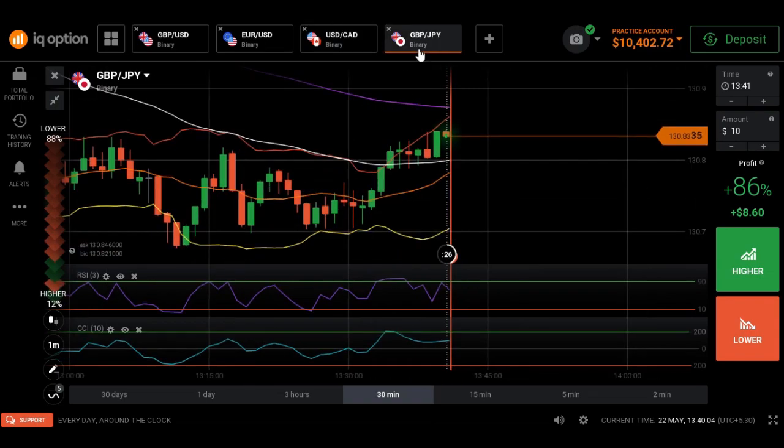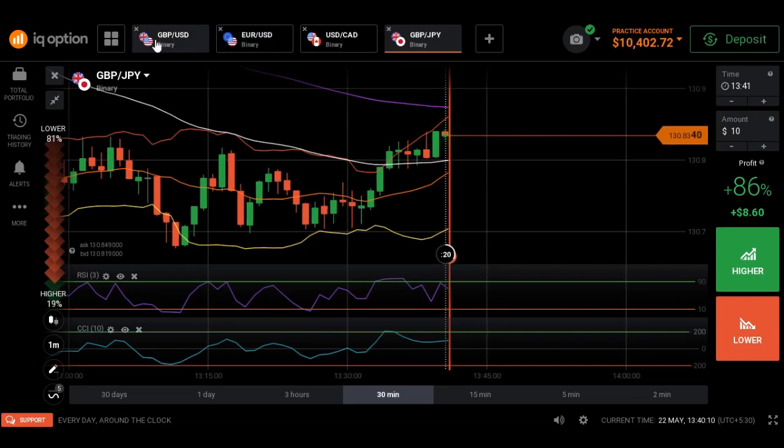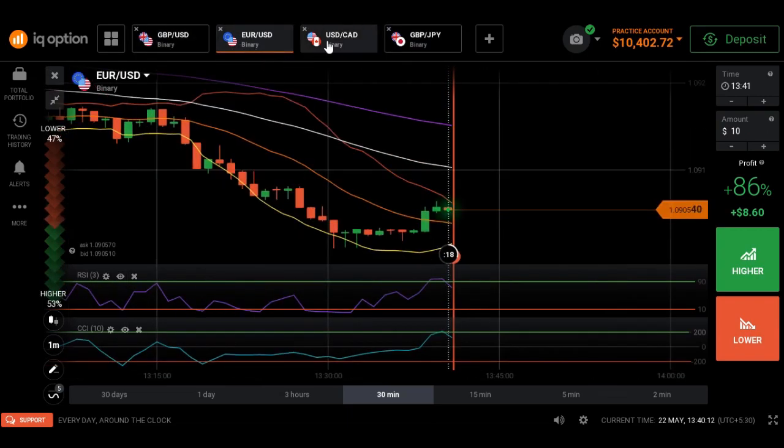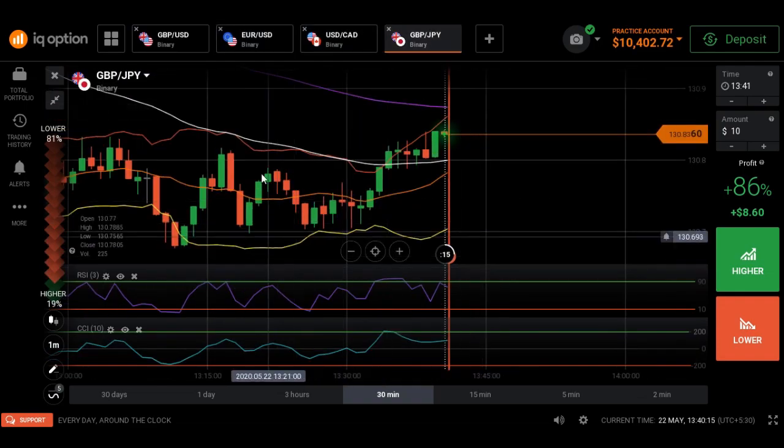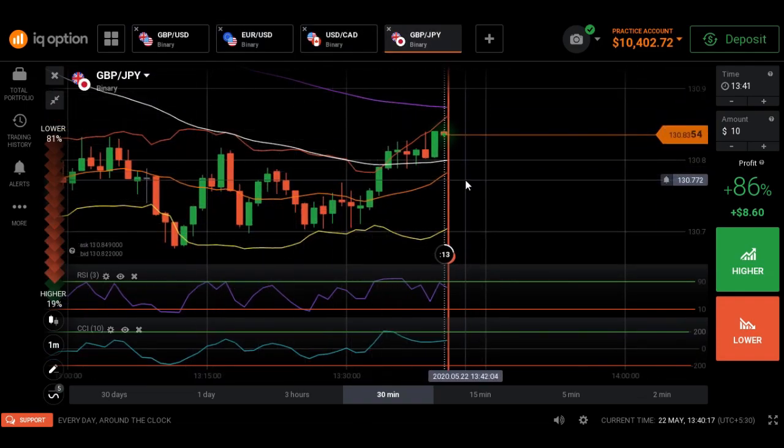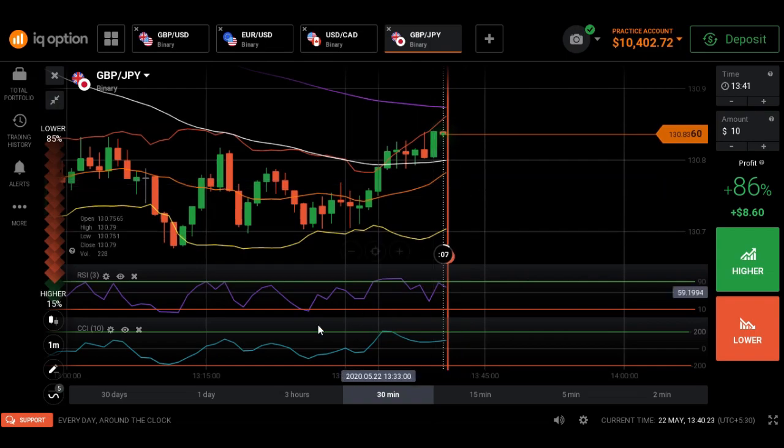In all the markets, GBP JPY, USD CAD, EUR USD, GBP USD, you see every market has no good movement today. So we need to move to another day to show this trade.